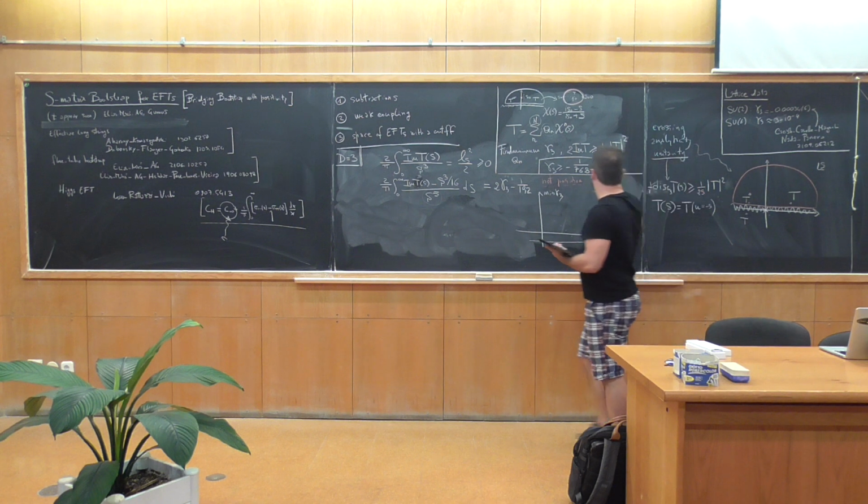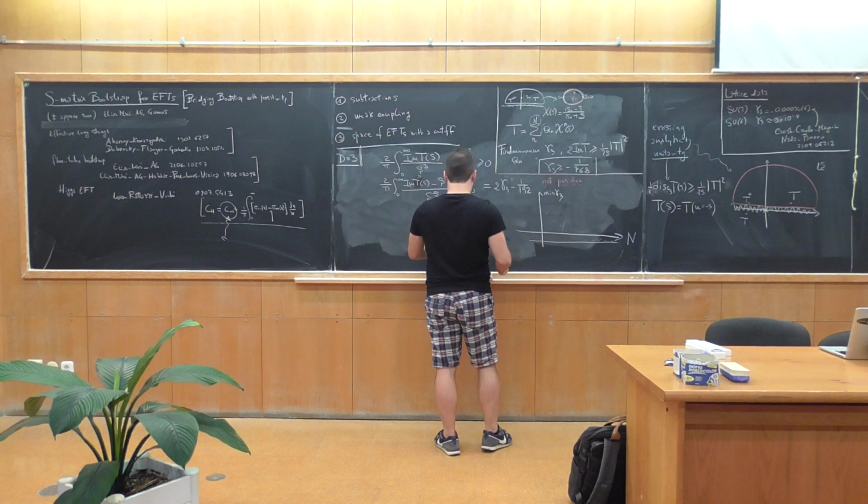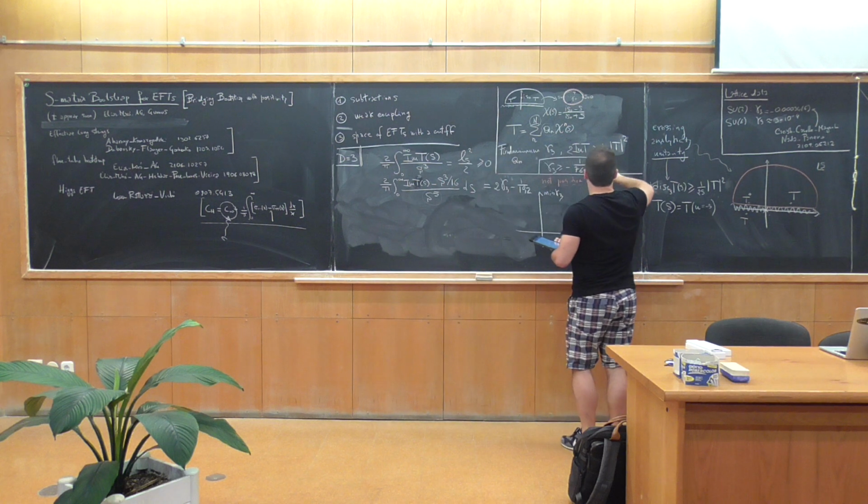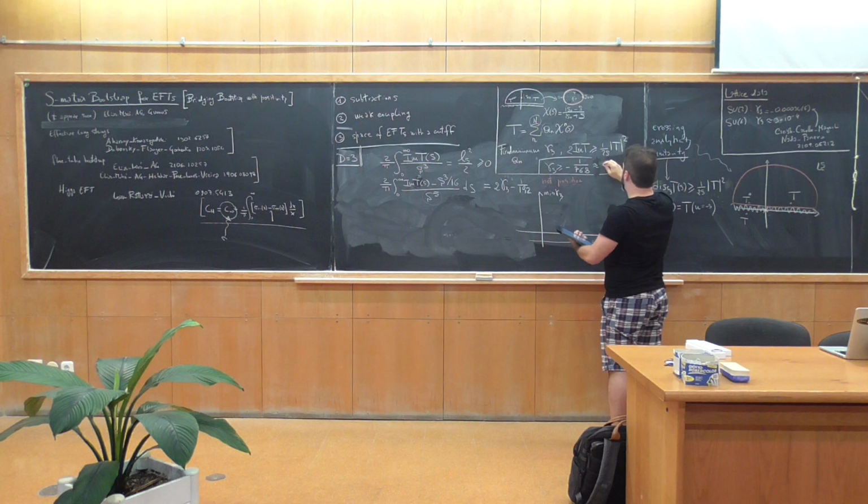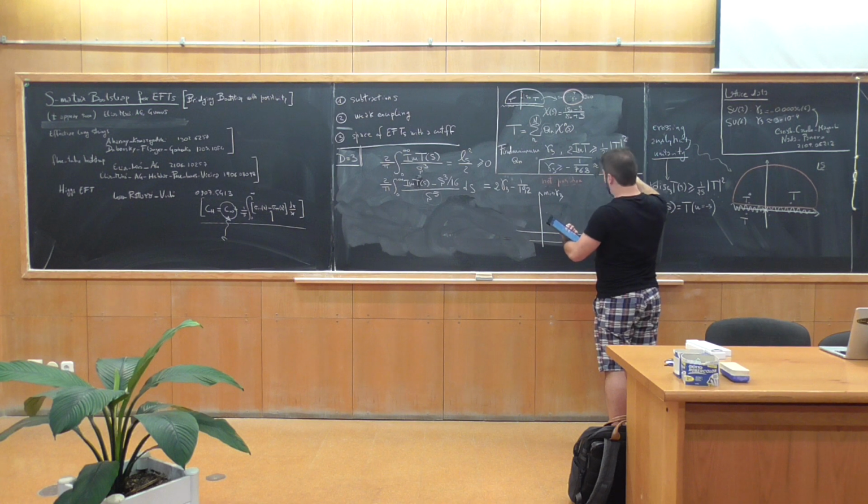In this case, the result is this minus 1 over 768, which numerically is something like minus 0.0013.